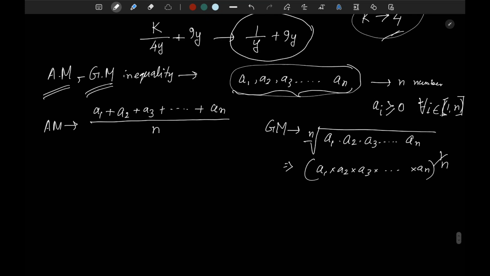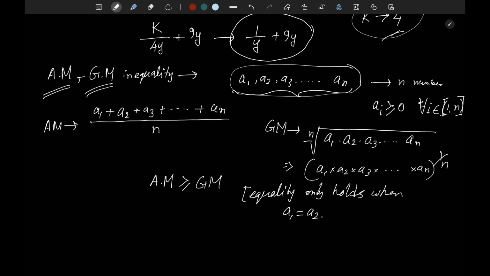And the AM-GM inequality states that AM is greater than or equal to GM, and this equality only holds when a1 is equal to a2 is equal to a3 and all the numbers are equal to an.